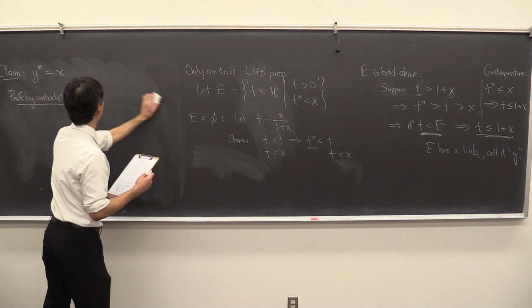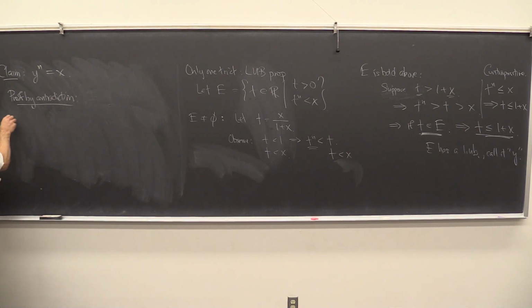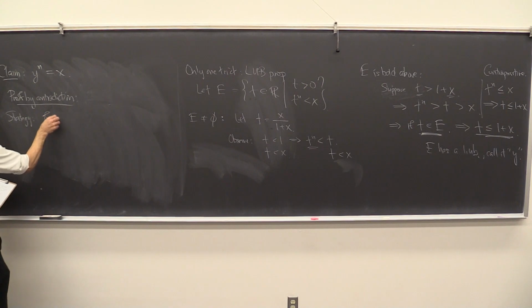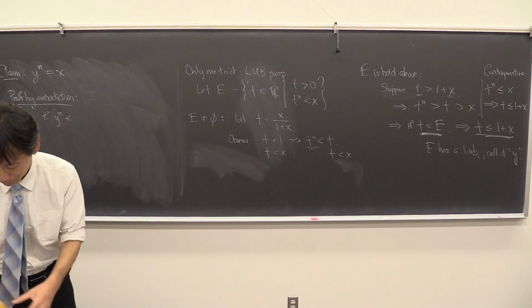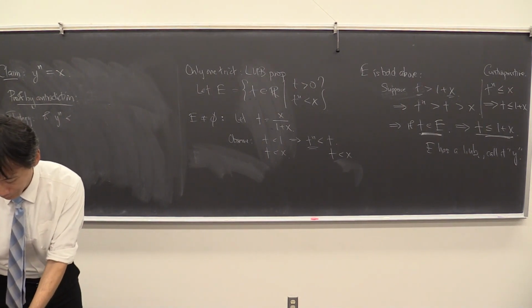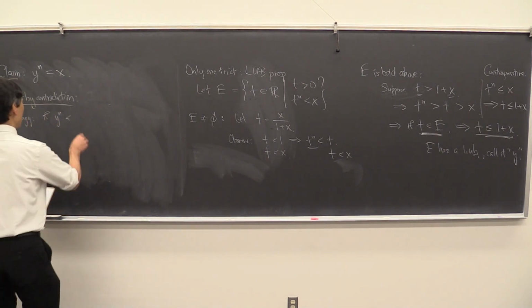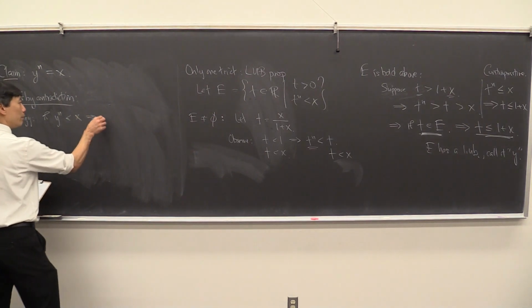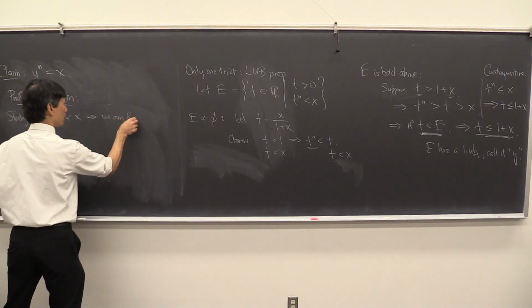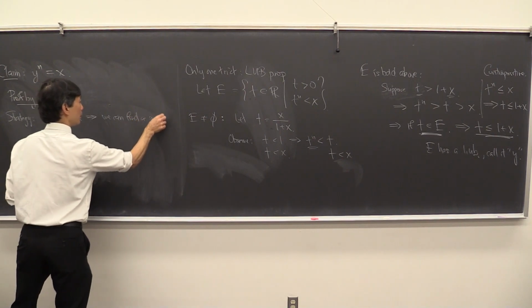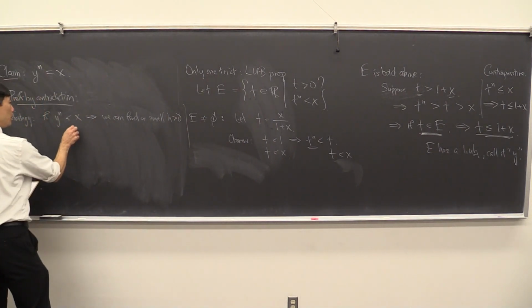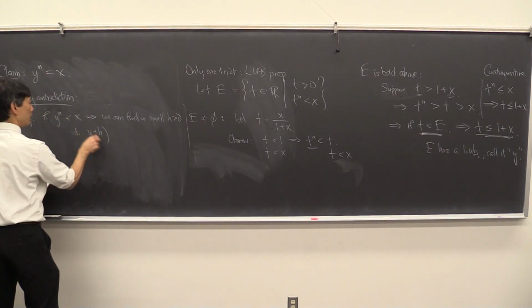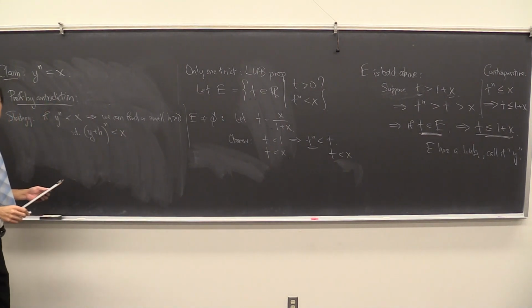So we'll see that the strategy is to show that if y to the n is less than x, then we can find a small number h such that y plus h to the n is also less than x.